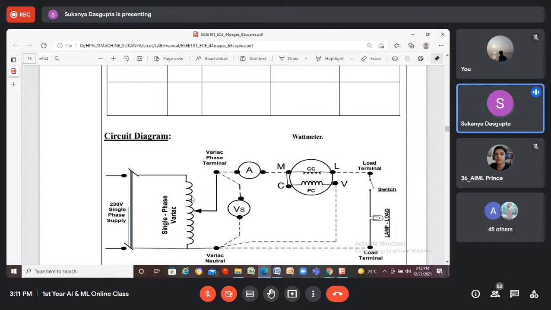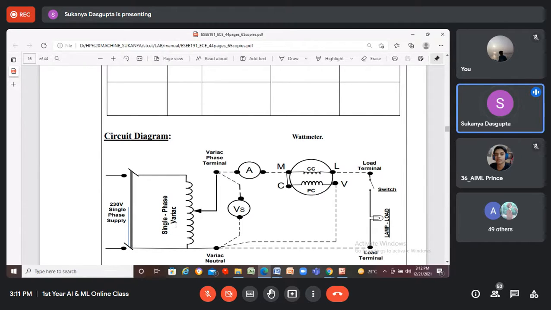It has many turns. It's just like a transformer, which is called an auto transformer. So it works on the transformer principle. In a transformer there are two separate windings called primary and secondary, but in an auto transformer, the secondary windings are superimposed on the primary windings. I'll discuss that later in the theoretical classes while I explain the principle of the auto transformer.